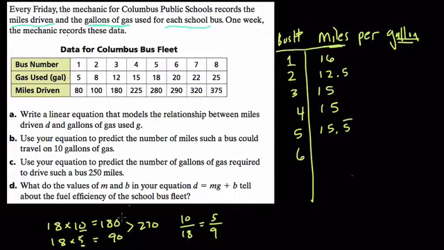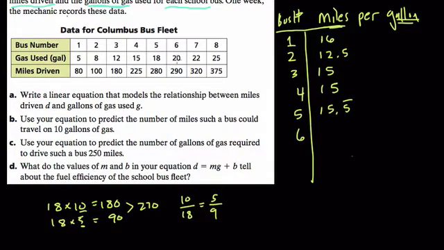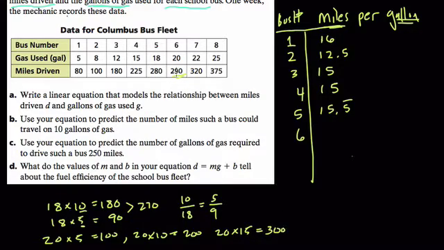Bus number 6, 290 divided by 20, and this is actually not so bad if you think about it, because 20 times 5 is 100, right? So 20 times 10 is 200. We need to get up to 290, right? How many times is 20 going to 290? So 20 times 15, or another 5 20s is 300. But we need 290. So 15 would be too large.